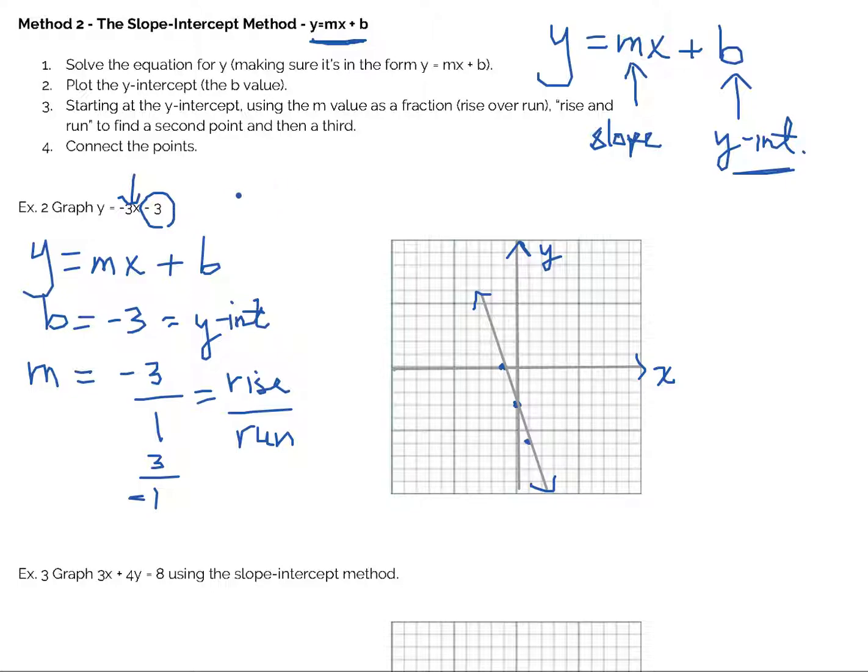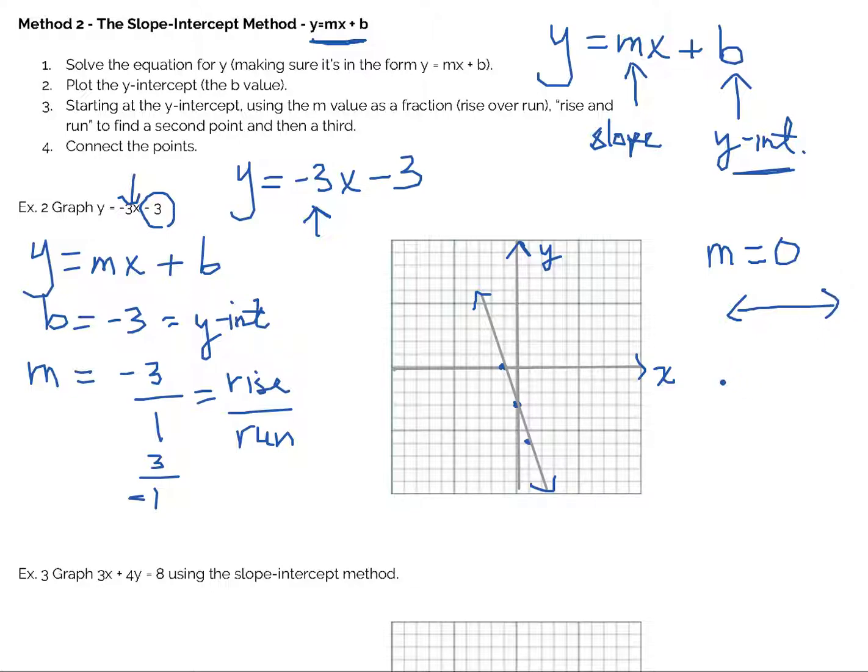Some things they don't teach you in Algebra 2 because you learned it in Algebra 1 is you'll notice this line is y equals -3x minus 3. The slope is negative, which means if you're going from left to right, it's going to be going downhill. If it's a positive slope, if you're reading like you read normally from left to right, it's going uphill. If your slope is equal to 0, it means it's going to be a horizontal line.